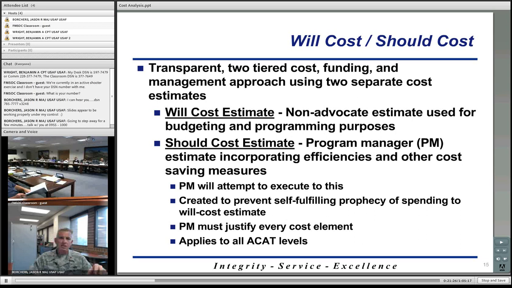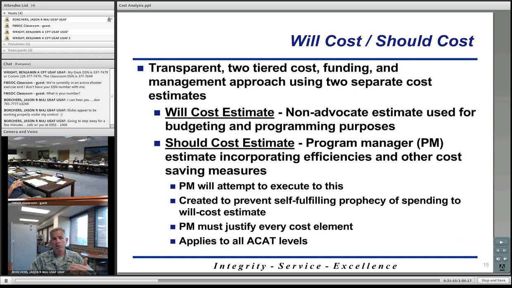And then the second estimate is the thing called a should cost estimate. And this is where the program manager looks at a program, looks at that will cost estimate, and says, where can I find efficiencies? How can I do business better? How can I save money? He or she records these efficiencies down, and then that hopefully will drive costs down in certain areas.